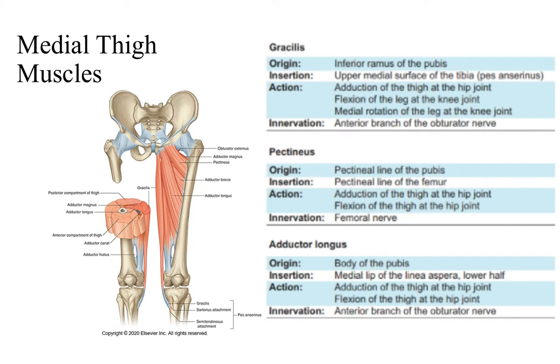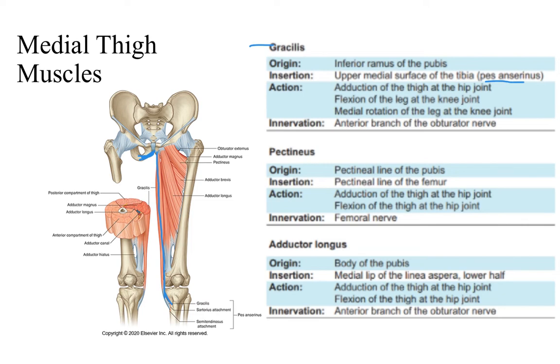All right, so now we'll move to our medial thigh muscles, and we're going to go from most medial to most lateral. Starting here with the gracilis, this long muscle right here goes from the inferior ramus of the pubis, that rounded part right there, all the way down to the pes anserinus of the tibia.